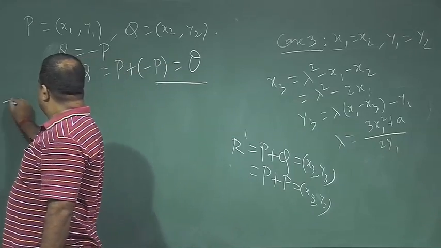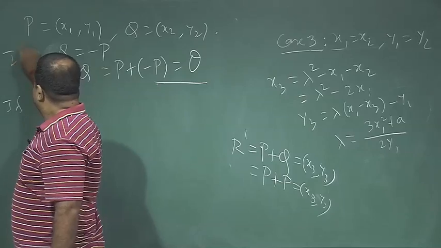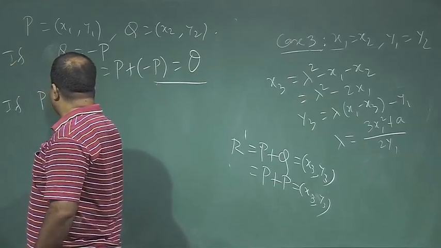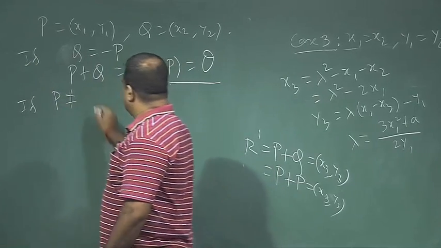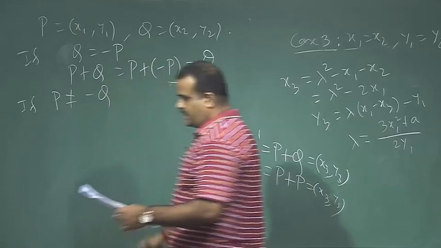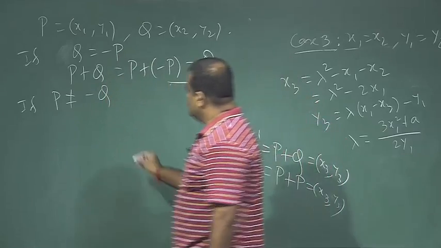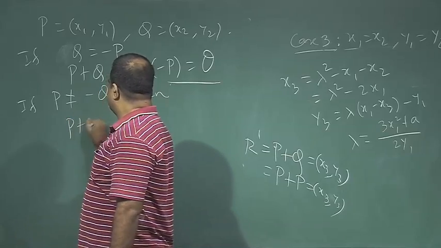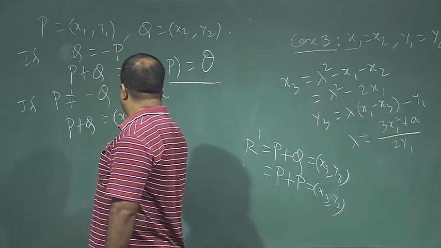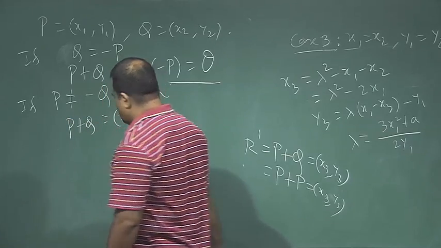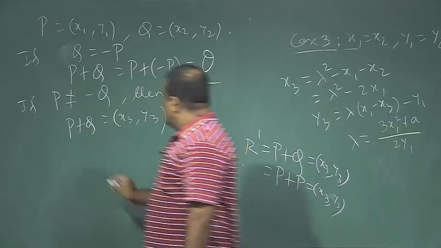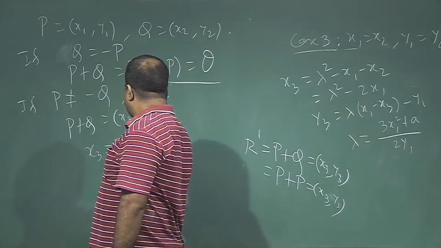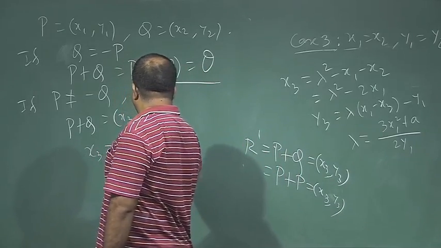And if P is not equal to minus Q, or Q is not equal to minus P, then P plus Q we denote by coordinates x3 y3, where x3 is nothing but lambda square minus x1 minus x2.